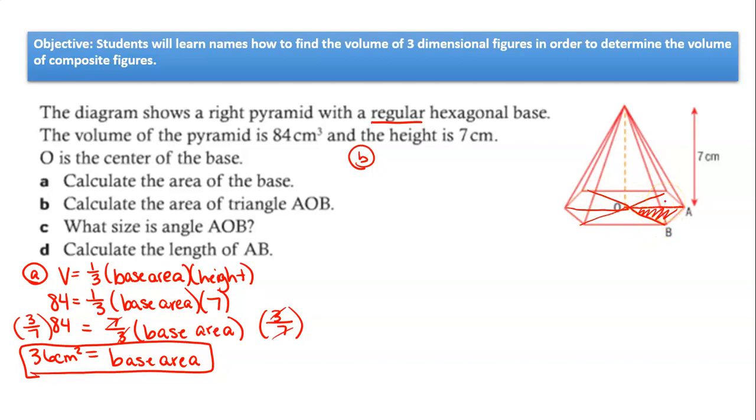We know the base area is 36. So we can find the area of triangle AOB to be that base area divided by 6, because there are 6 congruent triangles. The base area that we came up with was 36. We divide it by 6, and we get that the area of that triangle is 6 centimeters squared.